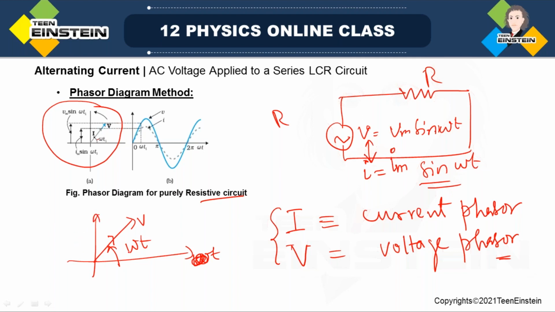Okay, so you can understand, this is the current phasor, this is the voltage phasor. So what is the phase angle between these two? If I say phi is the phase difference between the current and voltage, in this case it is 0. So if you need to draw a phasor diagram for a purely resistive circuit, you can draw current and voltage in the same direction.